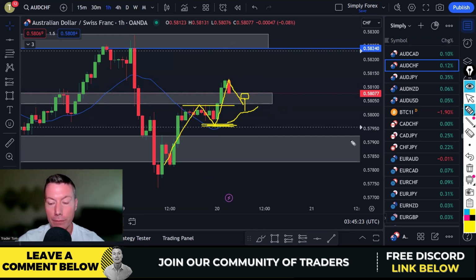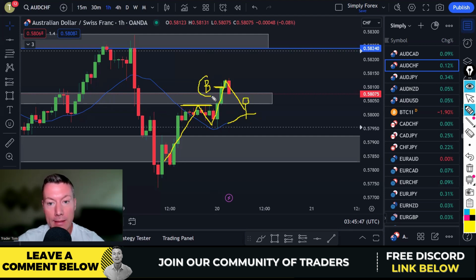So this is what we're looking for. Even if I got this, because if we see this, guys, and we've had the break, this is the catalyst for our trade. Now, I've already bought here. But let's say price does this, comes down to the moving average 20, and then we get another bullish candle that looks something like this.